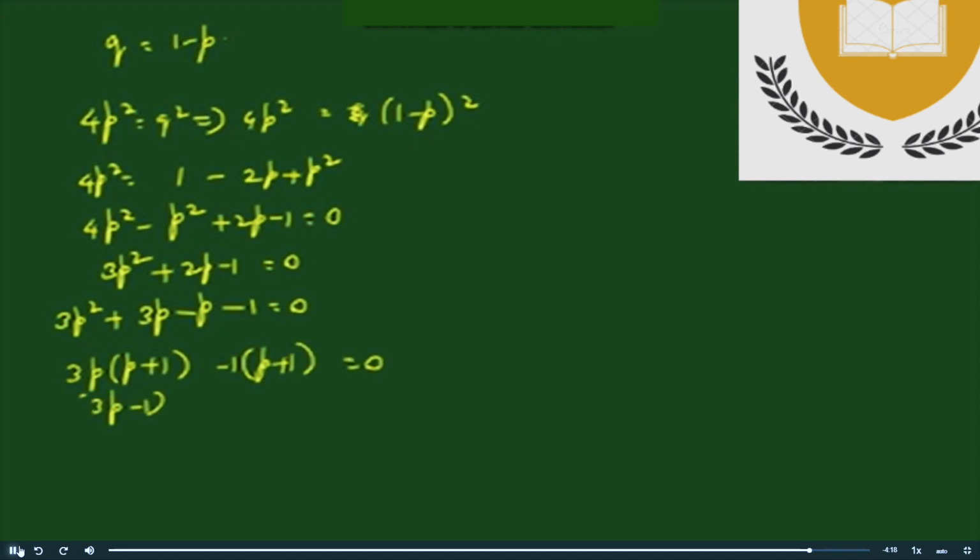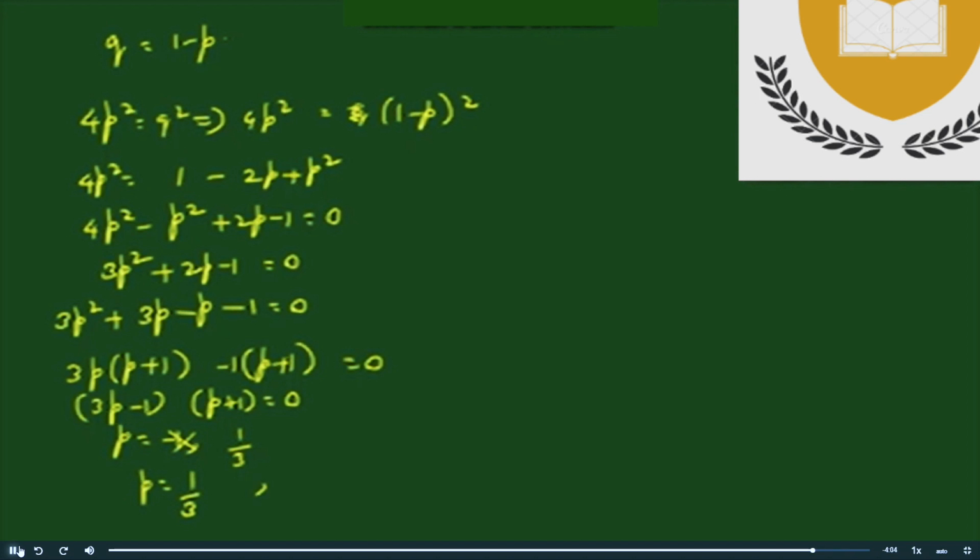So (3p minus 1) into (p plus 1) equals 0. Now p is equal to minus 1 or p is equal to 1 by 3. P cannot be equal to minus 1 because probability cannot be negative. So therefore p is equal to 1 by 3.